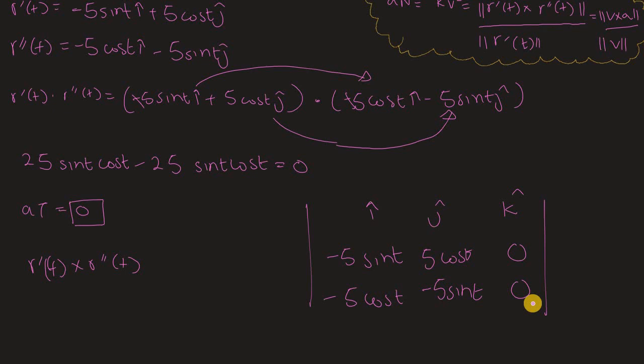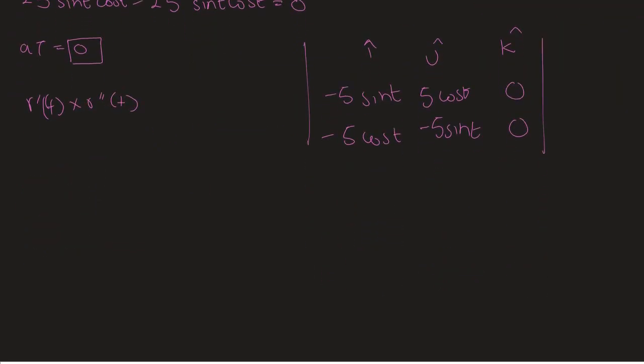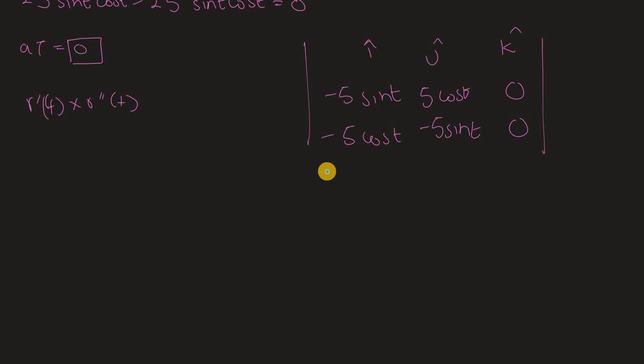Now let's calculate the cross product of it. How do we do that? We cross out the i column and the i row, and then we do cross multiplication.